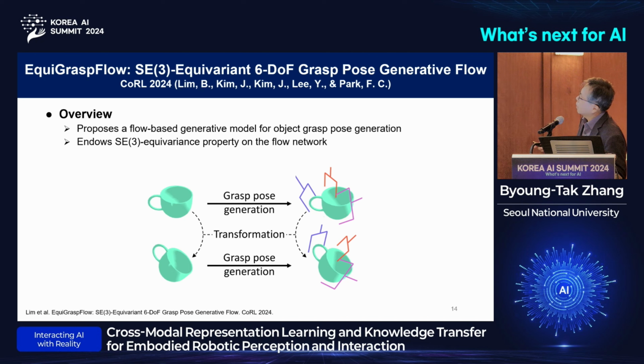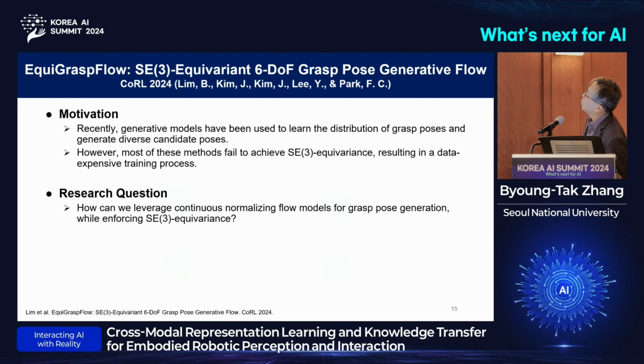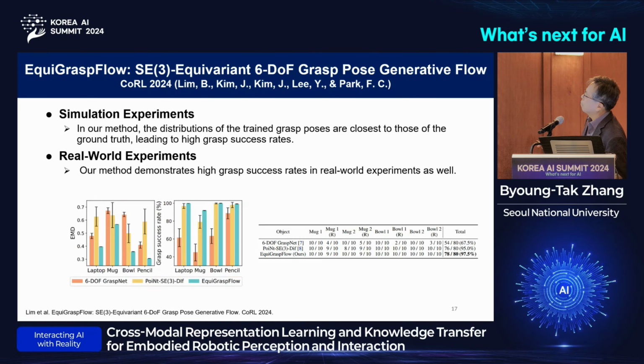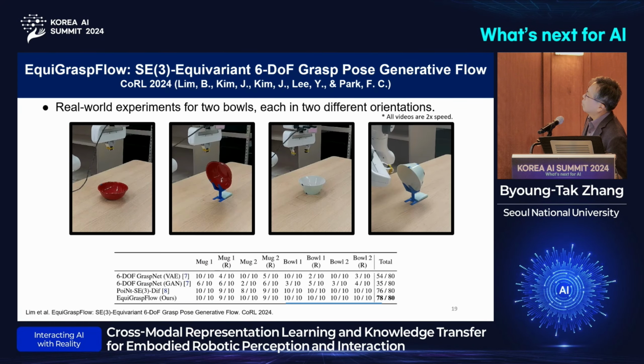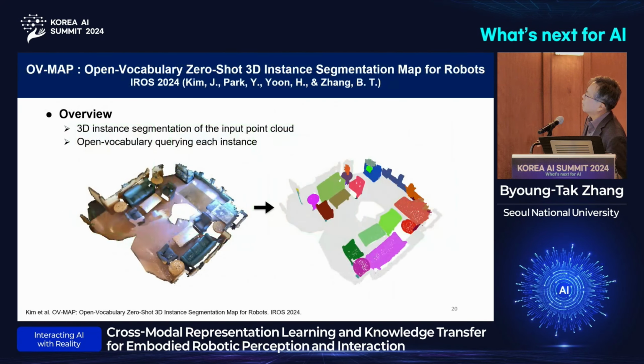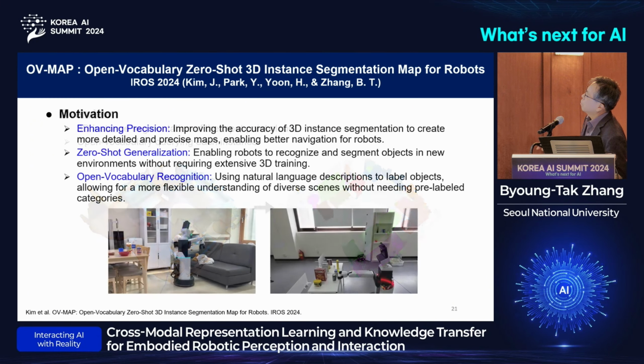So I should summarize. Actually, I prepared another work from Frank Park's lab, but I will skip that one on an object manipulation task. This is a robotic scenario in a real living room.